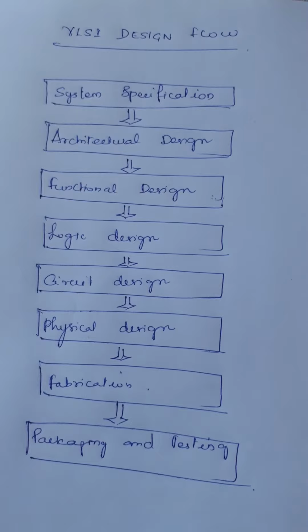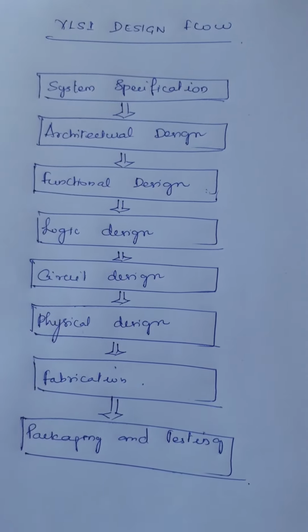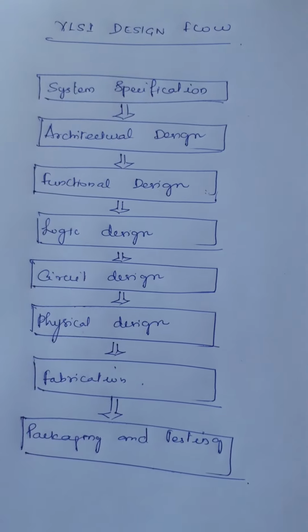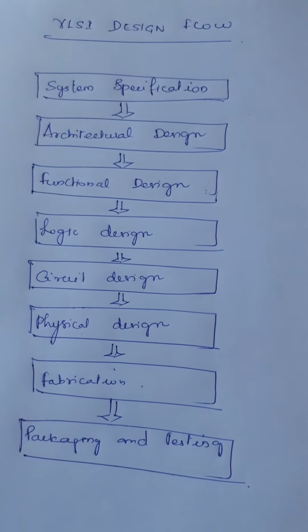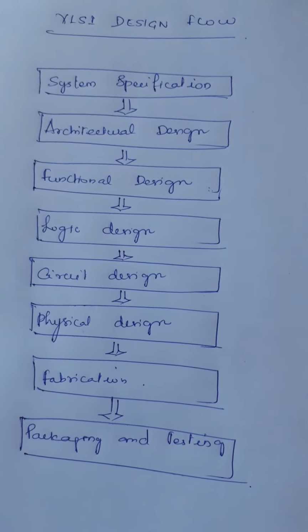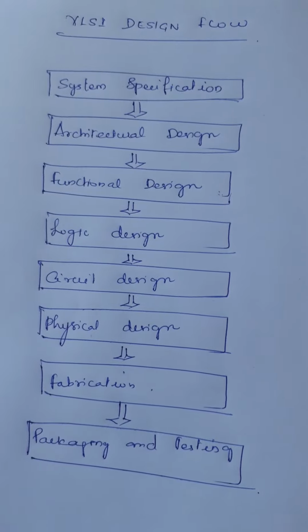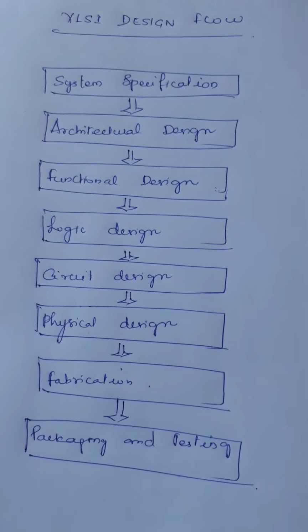RTL is expressed in a hardware description language such as VHDL or Verilog. Normally we use Verilog HDL. This description can be used in simulation and verification. So we can use both VHDL or Verilog for simulation and verification.